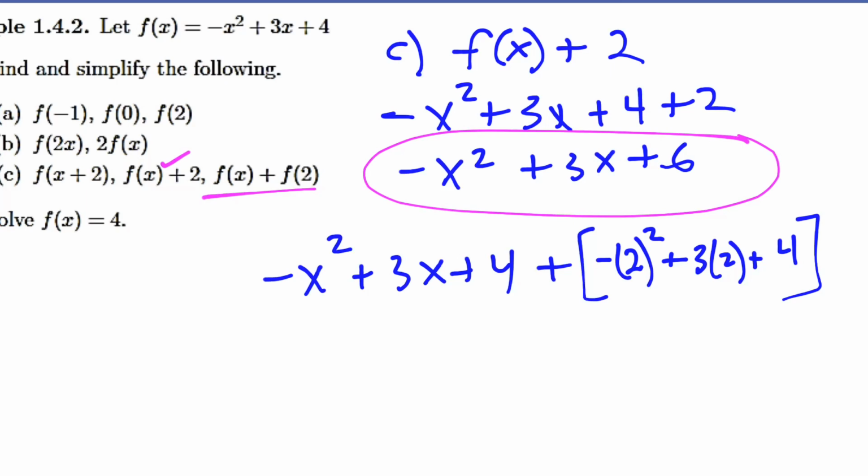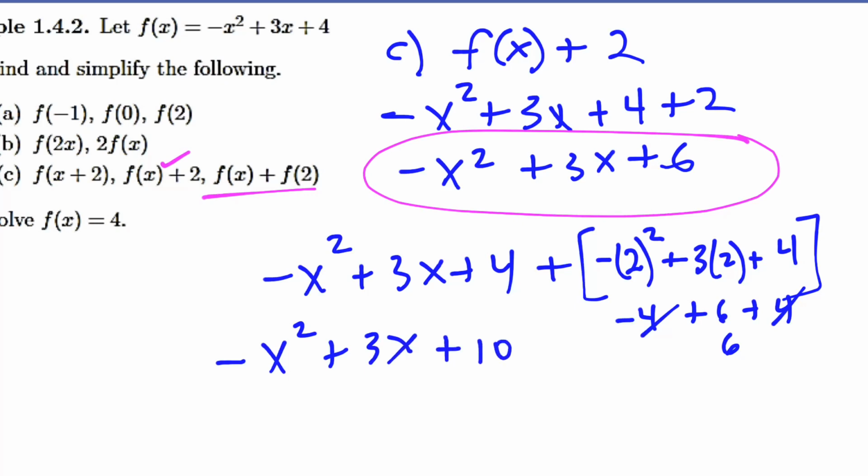Okay, so what we've got here is f of x plus f of 2. So this is minus 4 plus 6 plus 4, so this is just 6. So I've got minus x squared plus 3x plus 10.